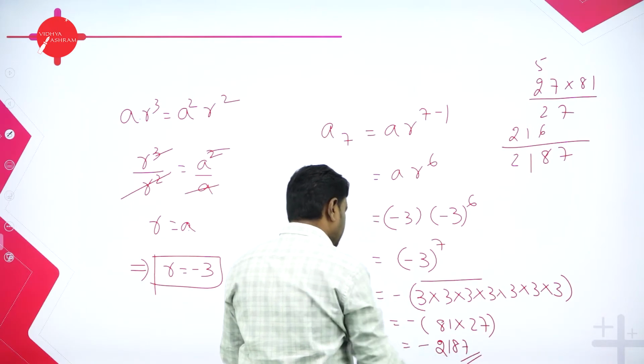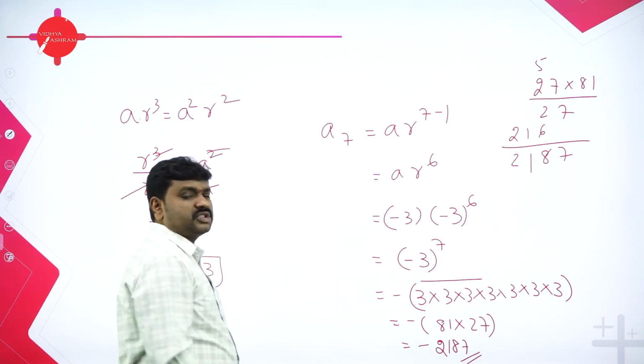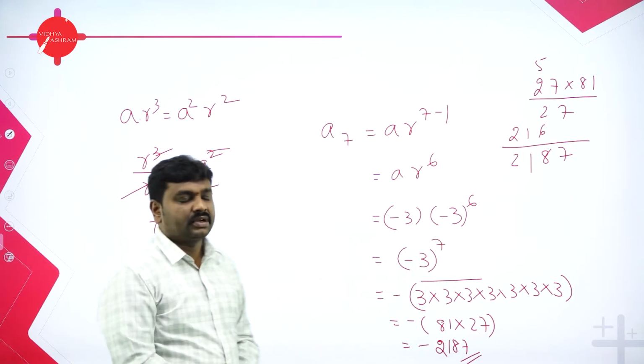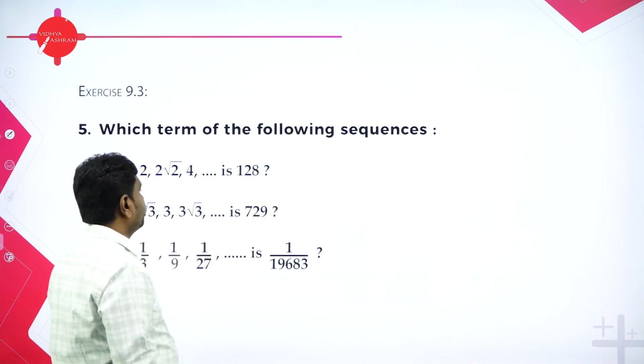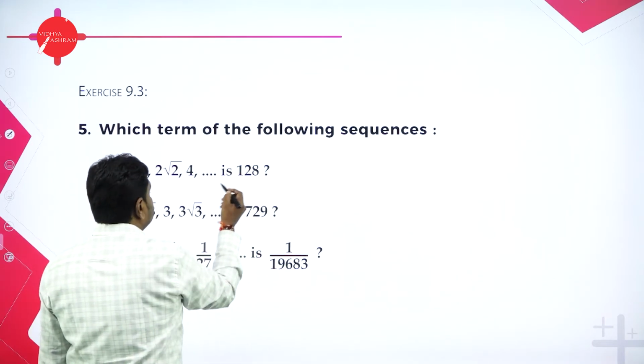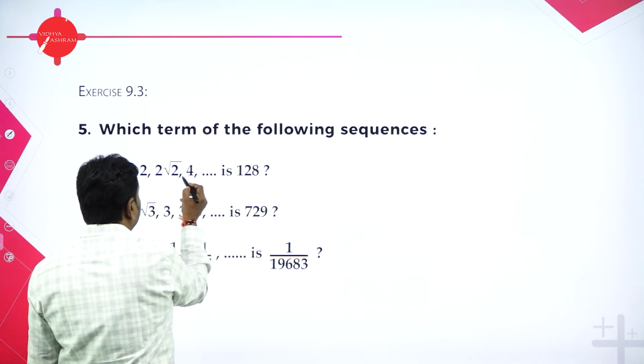You can use a calculator or multiply however you want. 3 power 7 means multiply 3 seven times. A minus with an odd power, the minus comes as it is. So the answer is minus 2187.